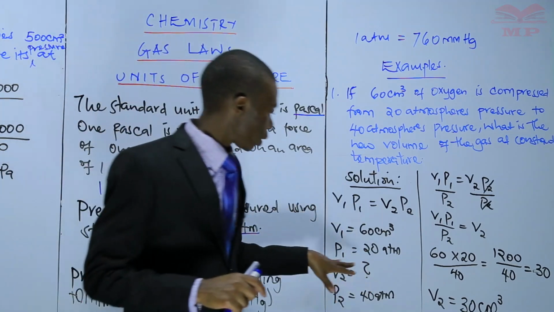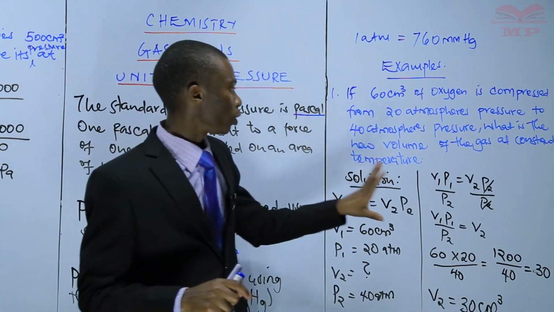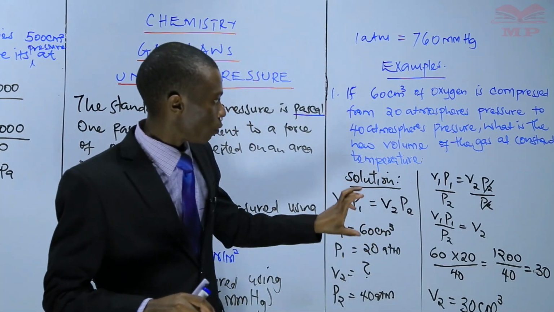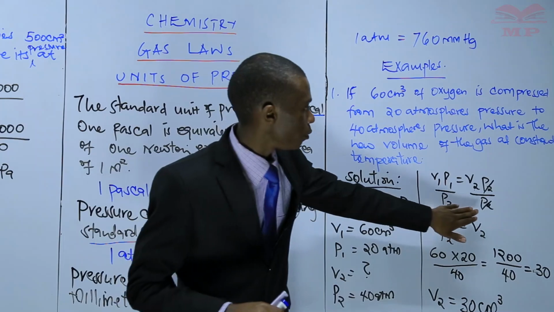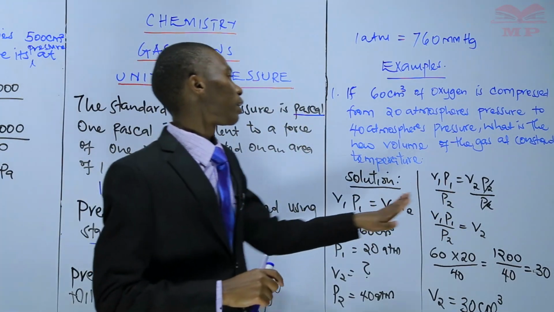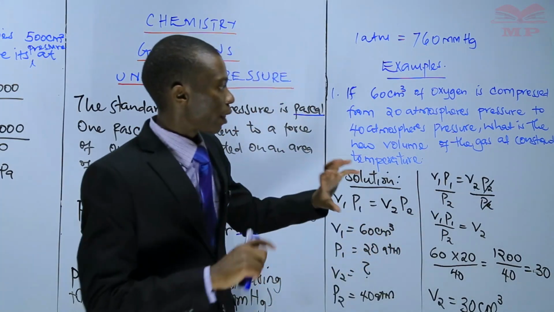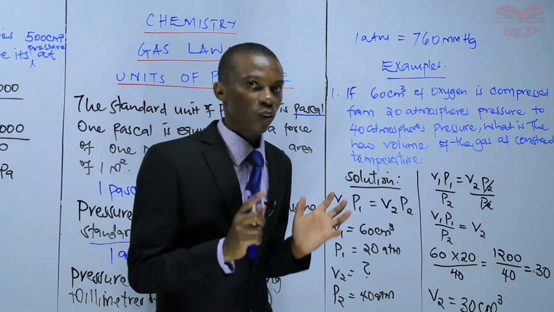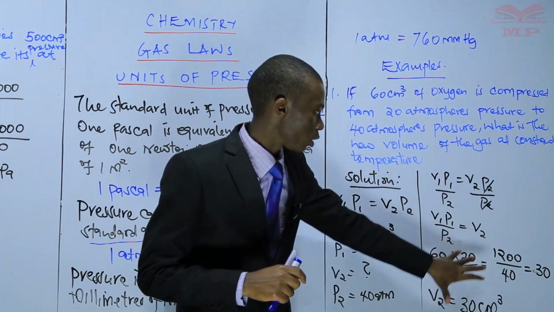Therefore, because we are calculating V2, we need to make V2 the subject of the formula. Therefore, from this expression, we have to divide both sides by P2. On the right side, the P2 will cancel with the P2, and the V2 will be left as the subject of the formula.